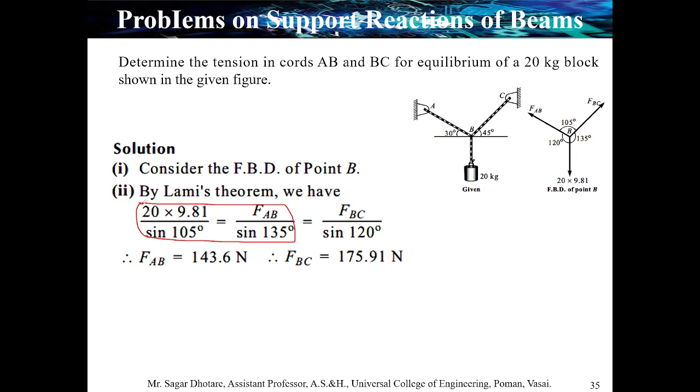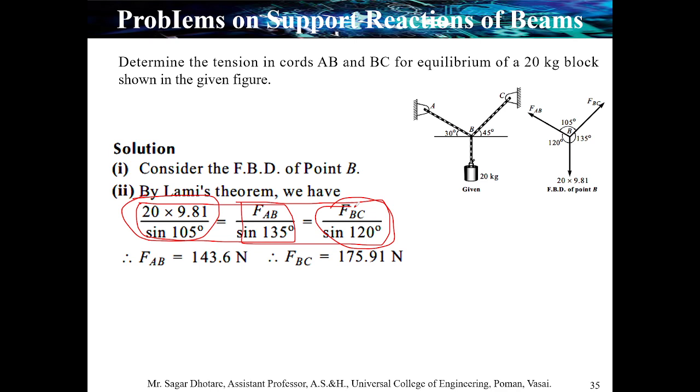Next, you can use the first equation and the last one. By equating these two, you also get the value of F of BC, which we find is 175.91 Newton. So whenever any question is given in an examination, first of all you need to understand which laws apply and which free body diagram can be created.